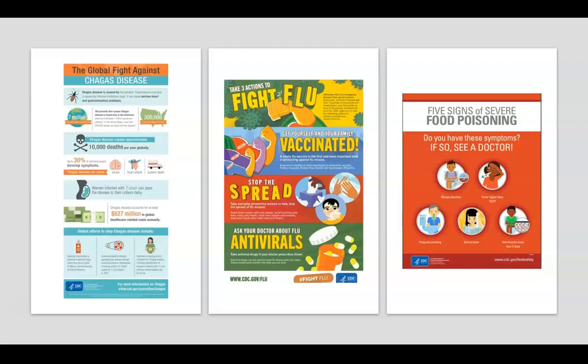So these are just some examples of some infographics that have been put out by the CDC to educate individuals about different infectious diseases. The more informed people are, the better they can make decisions about their own health care rather than relying on other people to make decisions for them.